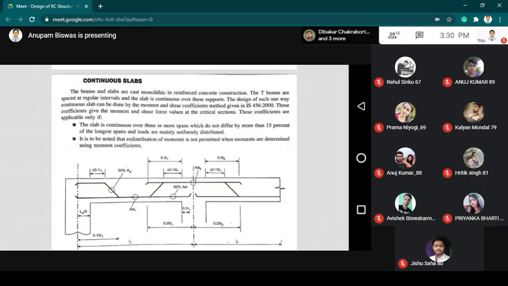The criteria is that it should be 50% of the overall area, and the curtailment distance should be more than 0.1 of the effective span at the fixed portion, and for the portion where it is continuous, at the intermediate point, the value should be more than 0.15 L.